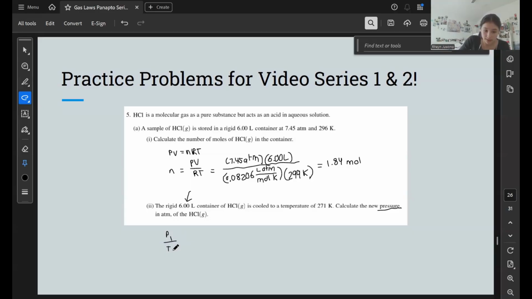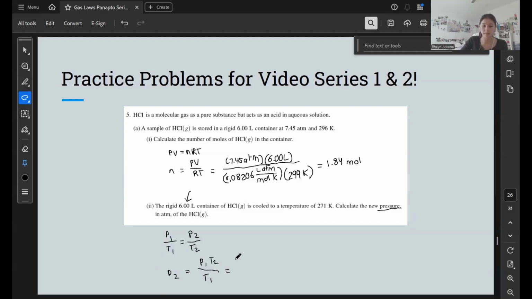So we can say P1 over T1 equals P2 over T2. Or if you want, since we're calculating for the new pressure, you can just say P2 is equal to P1 times T2 over T1.